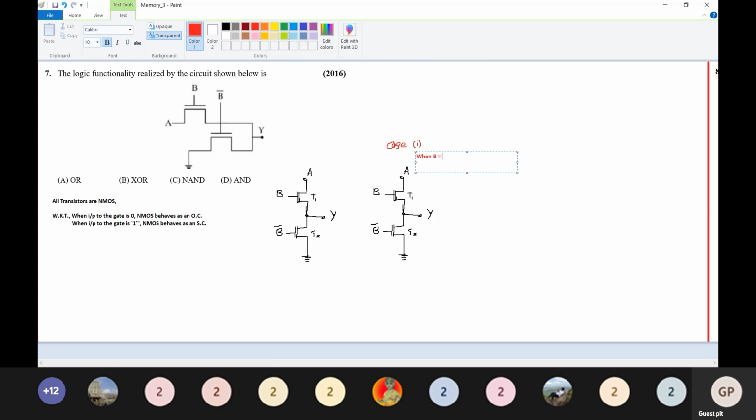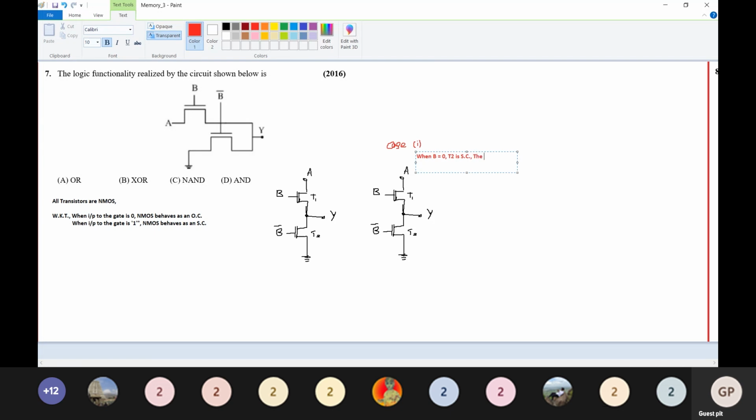When B is equal to 0, transistor T2 is short circuited. Therefore, output Y is equal to 0.